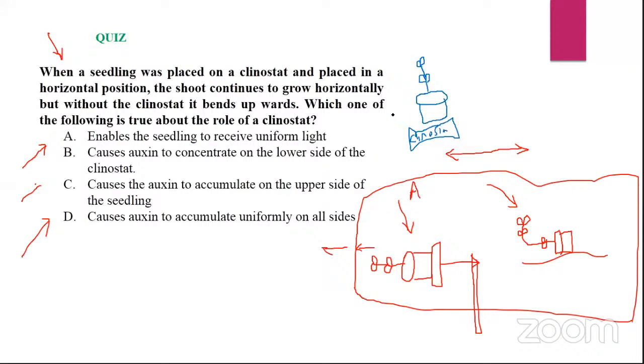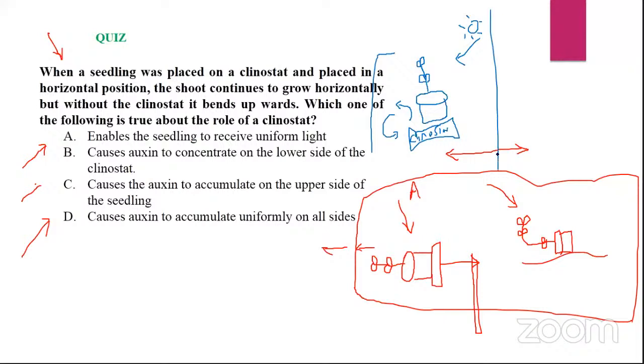And what is it doing? It's rotating this plant. And light is coming through here. This is the light. And then probably it's in some dark box also.